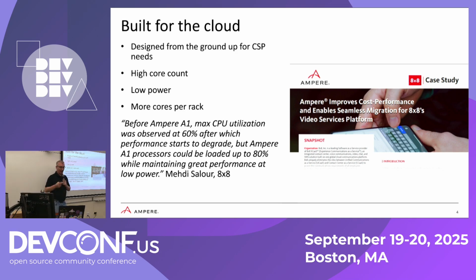So when I talk about built for the cloud, I'm going to get into single-threaded cores and some of the benefits of that in a little while, but first, this is a quote from 8x8. 8x8 is the company behind Jitsi, video conferencing software. And one of the things they noticed is before they moved to Ampere A1, they would have to auto-scale when their load on an instance hit about 60%.